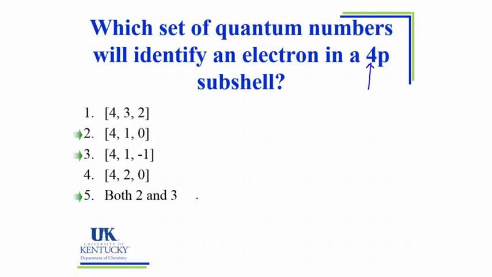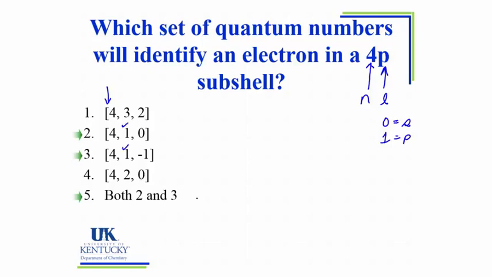This number here tells you N. This number tells you L. So we know that N has to be 4. So all of those have an N of 4. We can't narrow any down there. But if it's a P subshell, we know that when L is 0, that's an S. When L is 1, that's a P. So L has to be 1. So that's this guy and this guy.